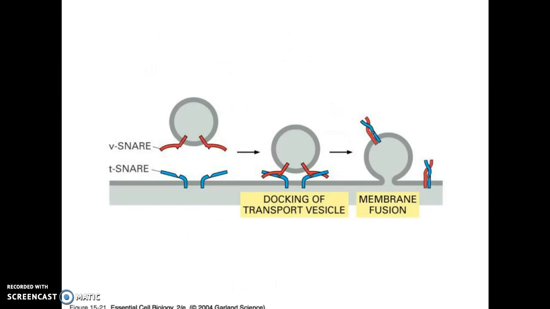The way that vesicles bind to the membrane, we talked about this before, but I just wanted to remind you, every vesicle has V snares on it. That's where the V comes from, vesicle. And SNARE is an acronym of an acronym. So it has to do with a protein called NSF that breaks apart the snare proteins after they've twisted together.